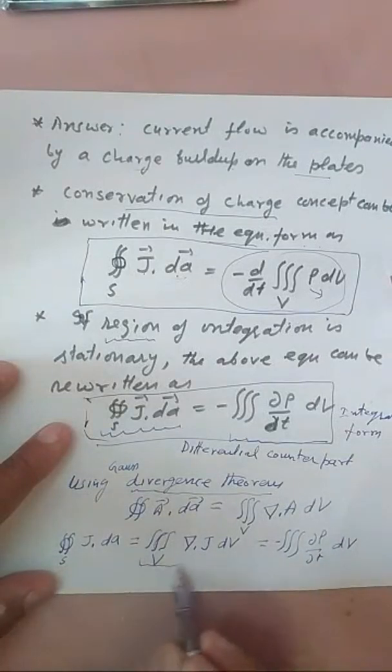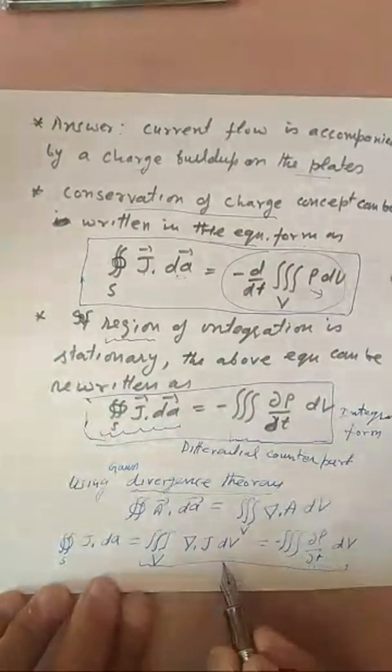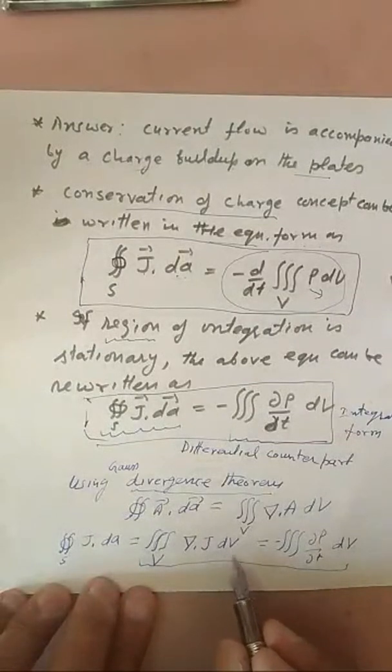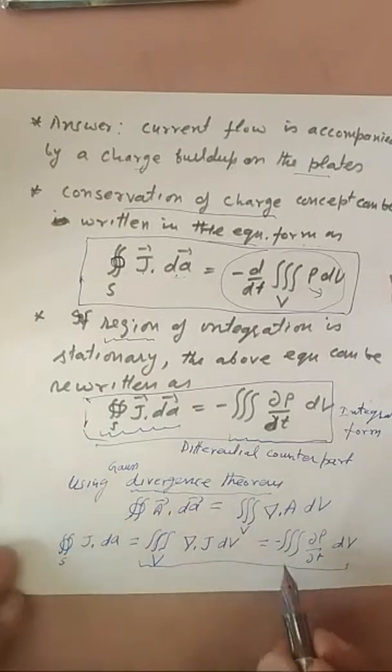Now you see that both sides have the same volume integral, so the volume of integration is the same on both sides.